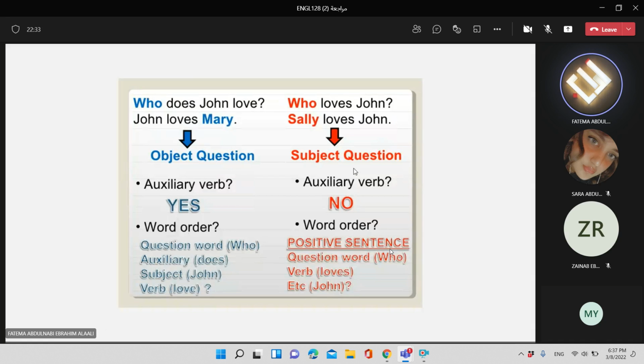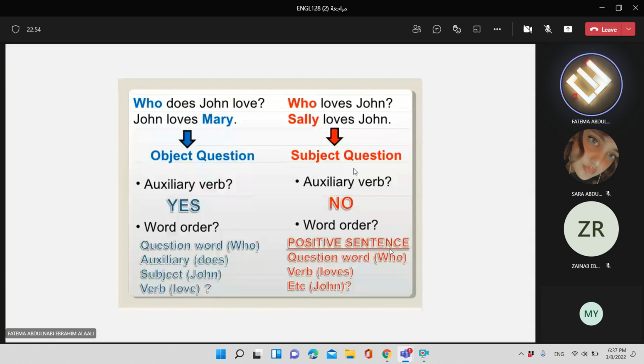If it's a person, we use who. If it's a place, where. If it's a time, we use when. And we remove Sally and we put the WH word, then we put the verb, then we put the object, then the question mark.